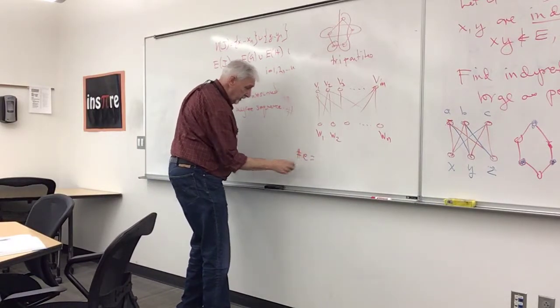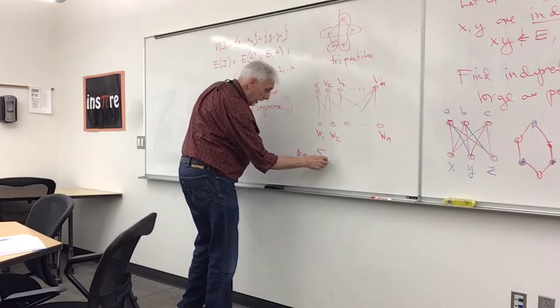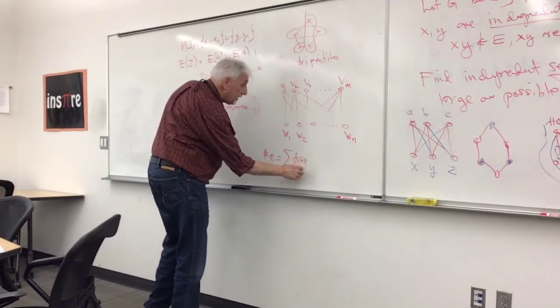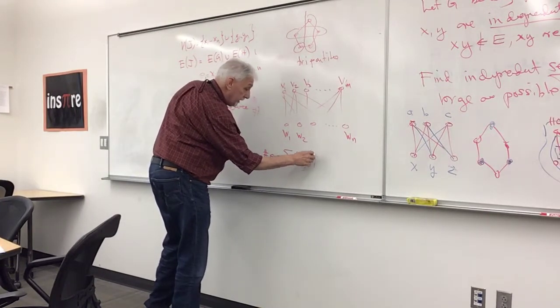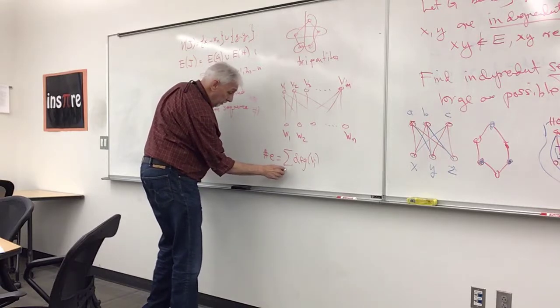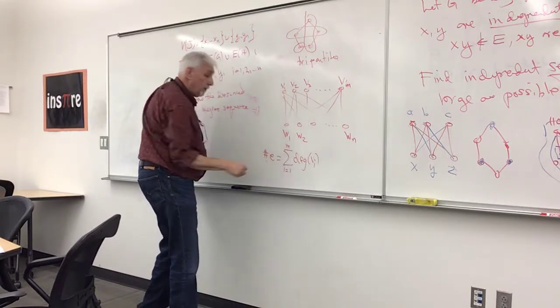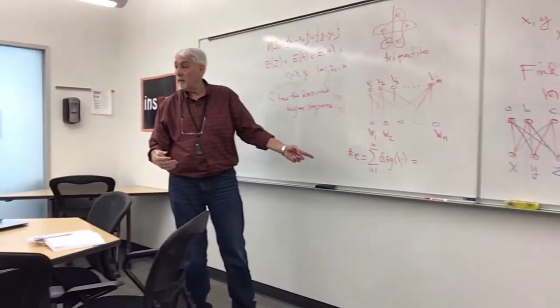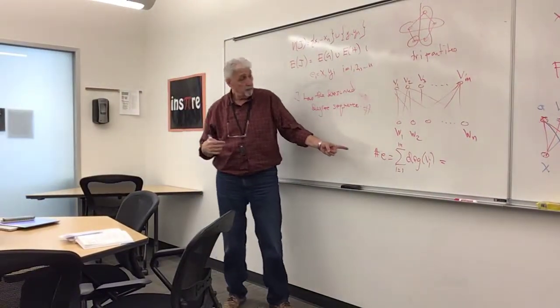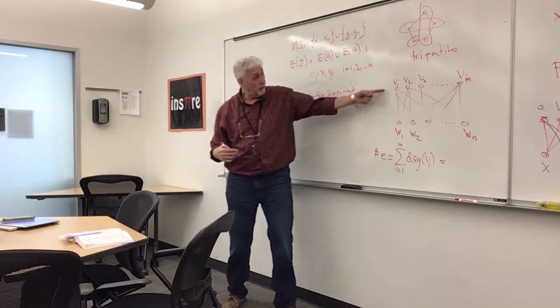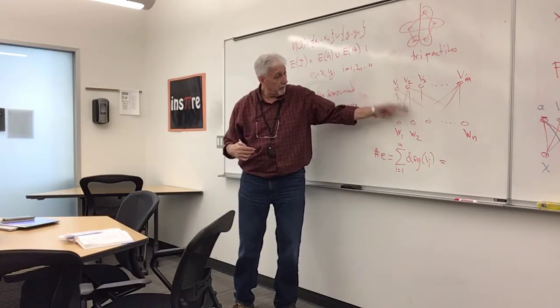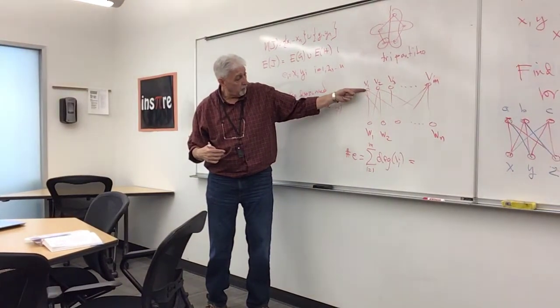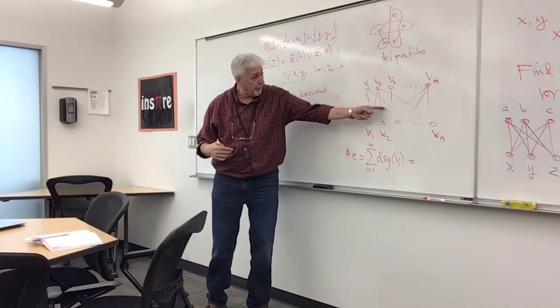The number of edges is equal to the sum of the degrees of the Vi's from i equals 1 to m. Well, why do I know that? All the edges from here go down to here. So if I count the degree of V1, that just counts these edges.